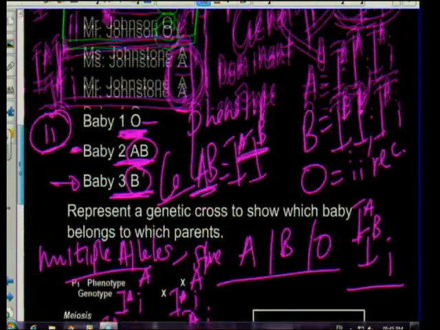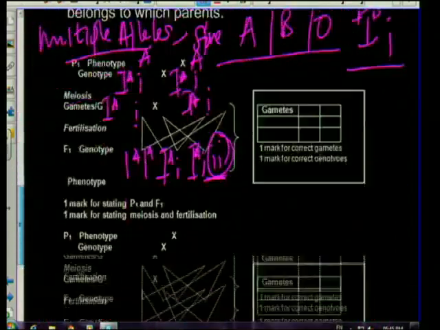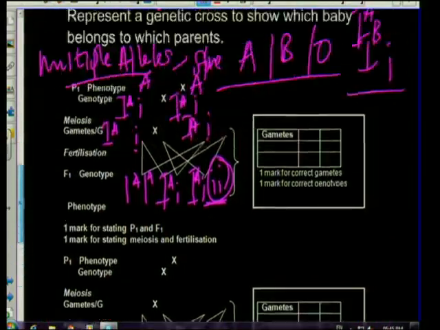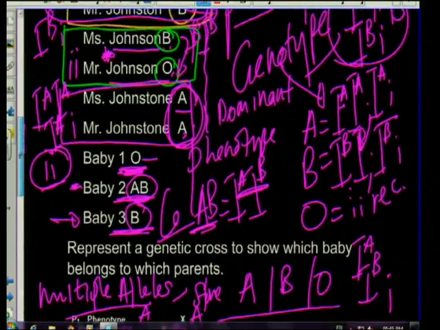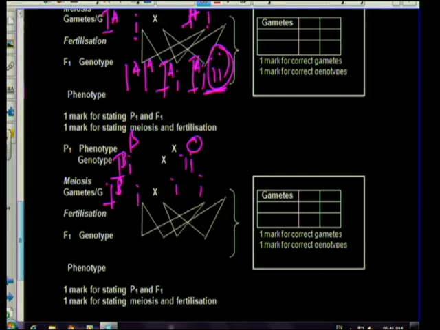If we take Mr. and Ms. Johnson, B and O, it's easy. We assume that the B parent is heterozygous, and the O parent can only be two small i's. So here we get the gametes IB and i, and here we get the gametes small i, small i.